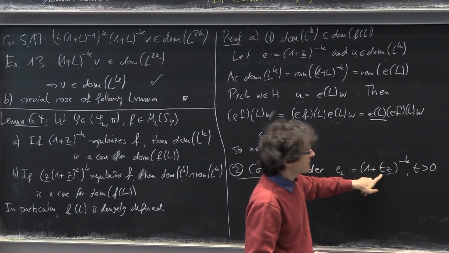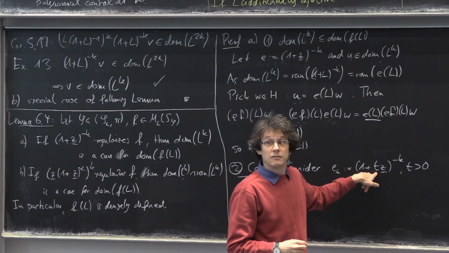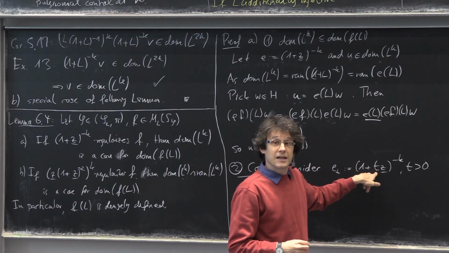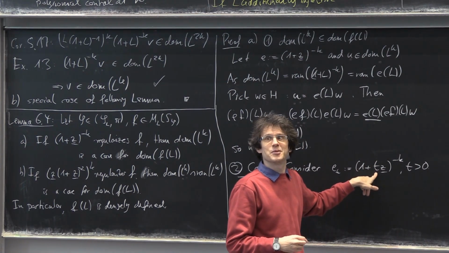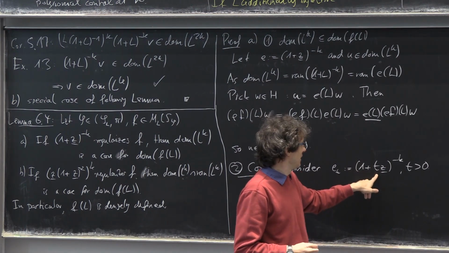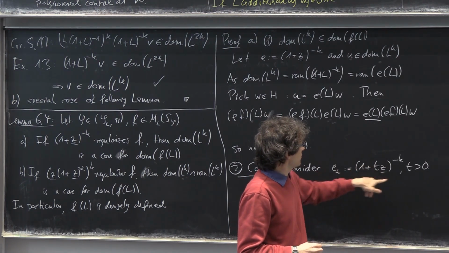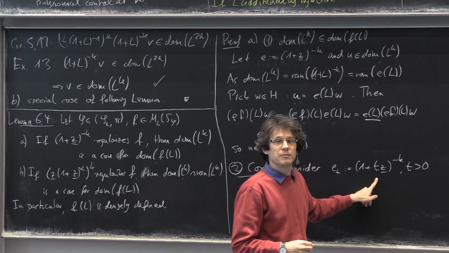And what happens now if you let t go to 0? This is again something to remind from lecture 2, from chapter 2. So this was again proposition 2.4. We will see proposition 2.4 several times today. If you let t go to 0, this approximates the identity. This is an approximate identity.